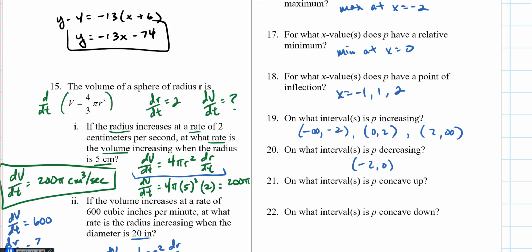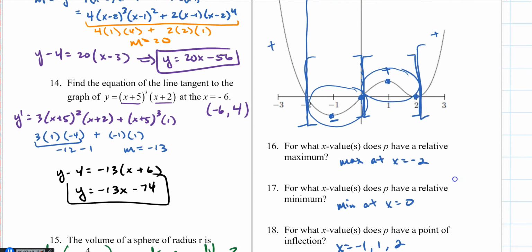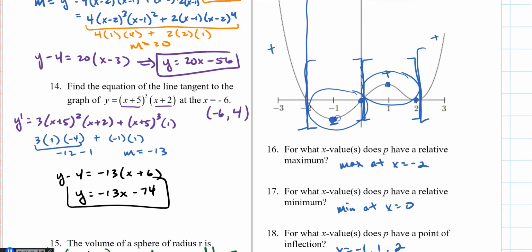On what interval is p concave up? Well, p is going to be concave up when the derivative is increasing. So we already know that we change concavity at -1, 1, and 2. So we just need to decide what the graph of the derivative is doing at each of those points.